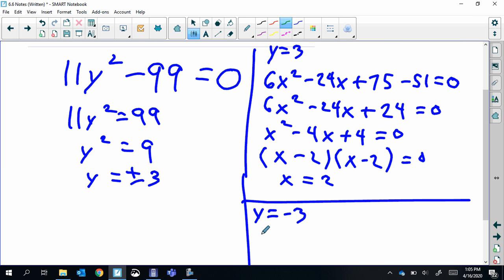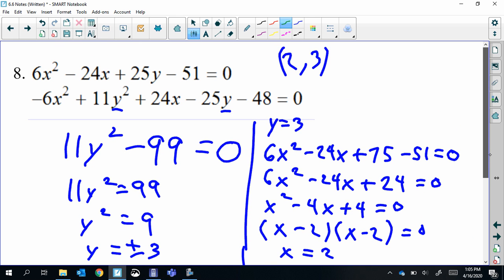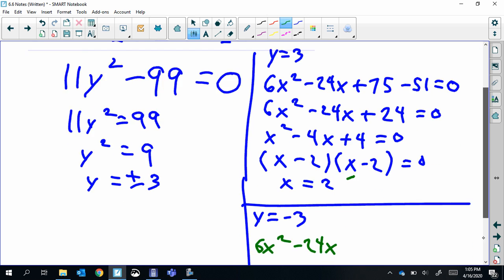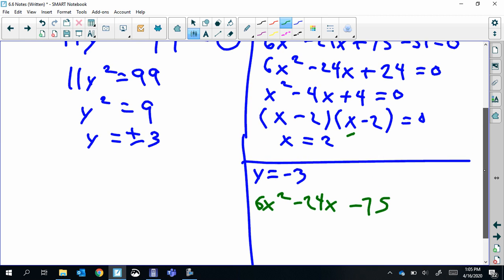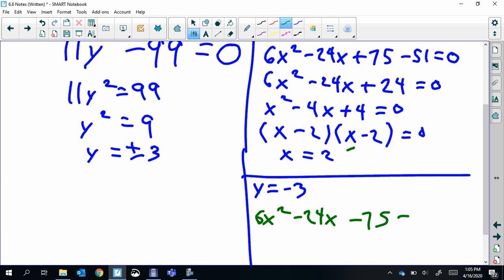And our equation, 6x squared minus 24x plus 25 times y, and y is negative 3, so that's negative 75. And then the rest of it was just minus 51 equals 0.